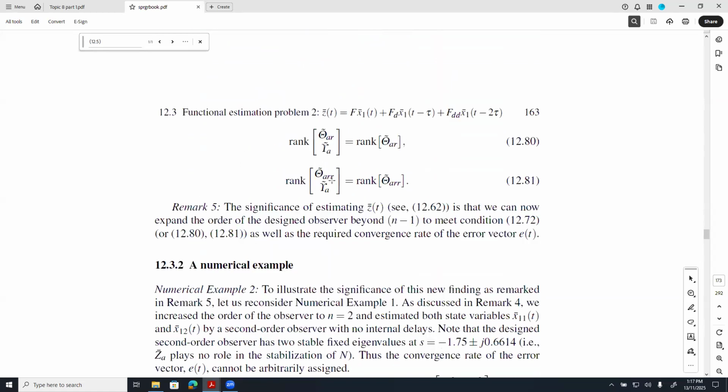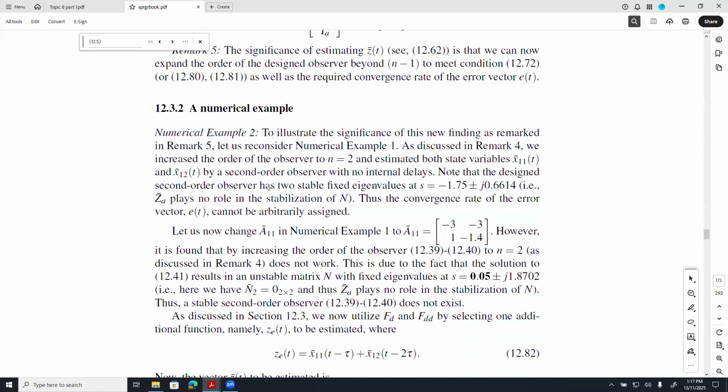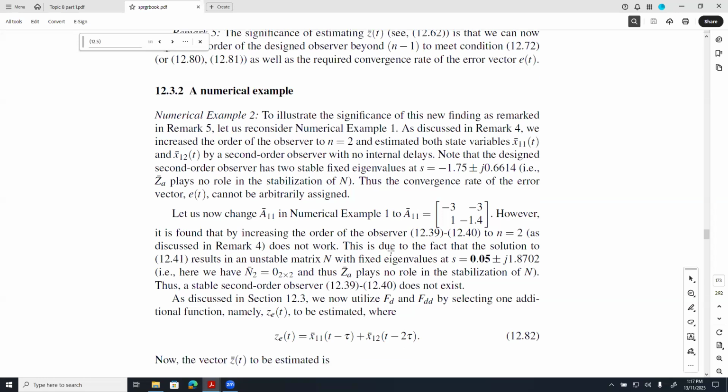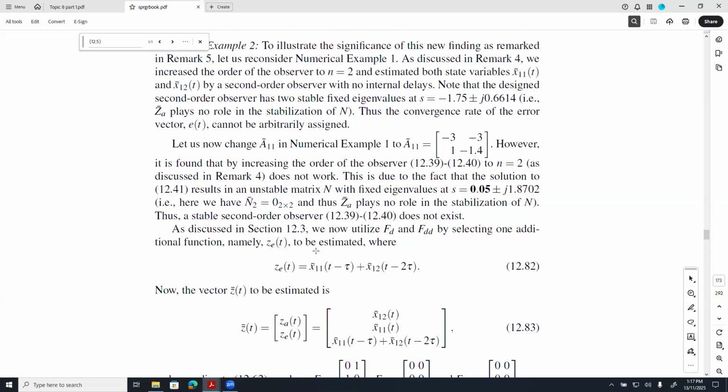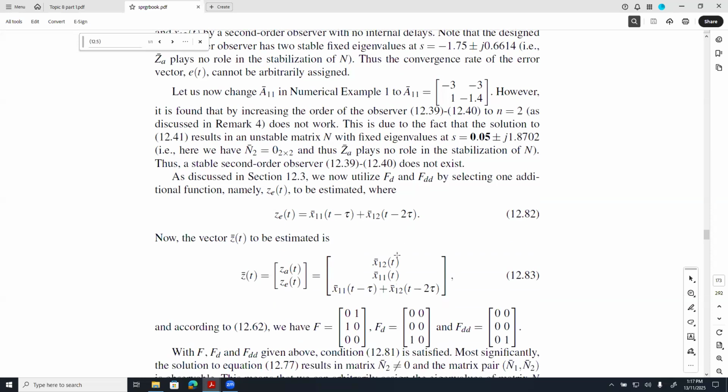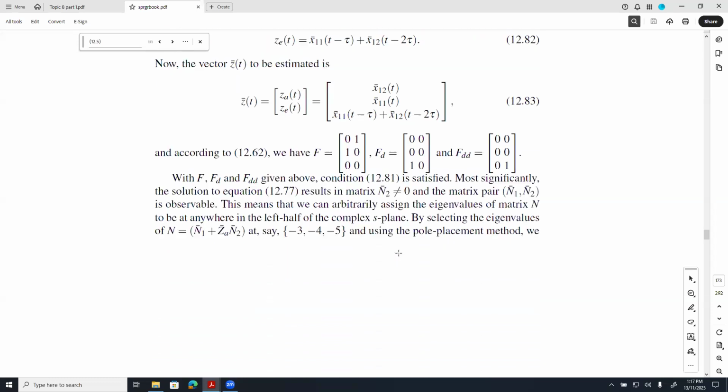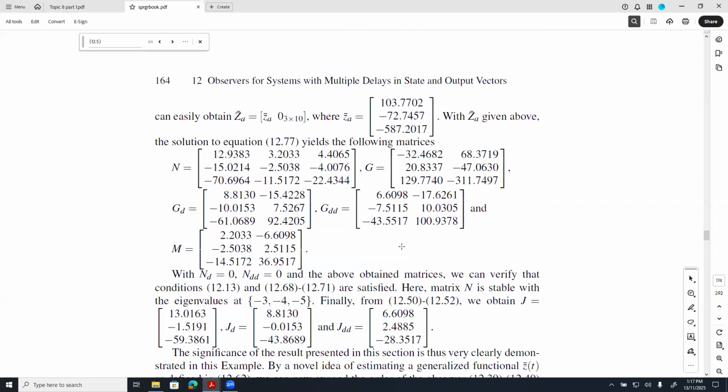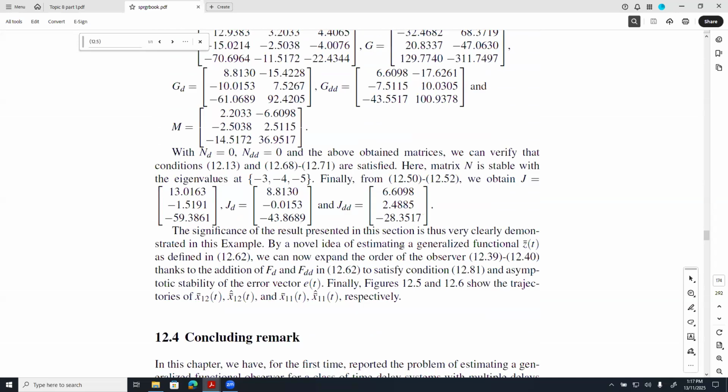And thus it illustrates very well that we can overcome some existing difficulties in the conventional linear functional observer, and by extending that idea to include delayed functional, we can then have a higher order observer, which can ensure asymptotic stability. Okay, so that was what happened in chapter 12.